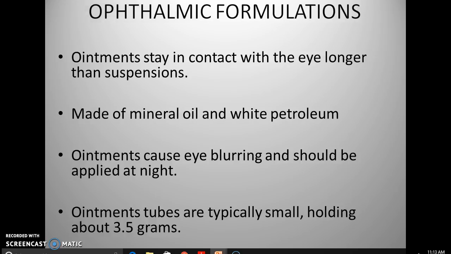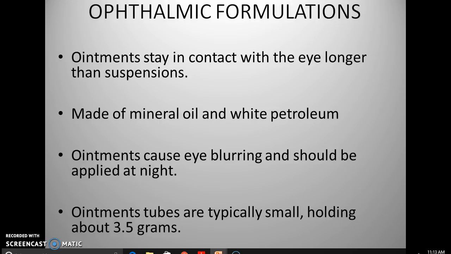Other things that you should be familiar with in relationship to ophthalmic formulation are ointments. They stay in contact with the eye longer than suspensions. That would make sense because of the greater viscosity of the ointment in relationship to the suspension. Many times these ophthalmic formulations are made of mineral oils and white petroleum. Think about petroleum generally.